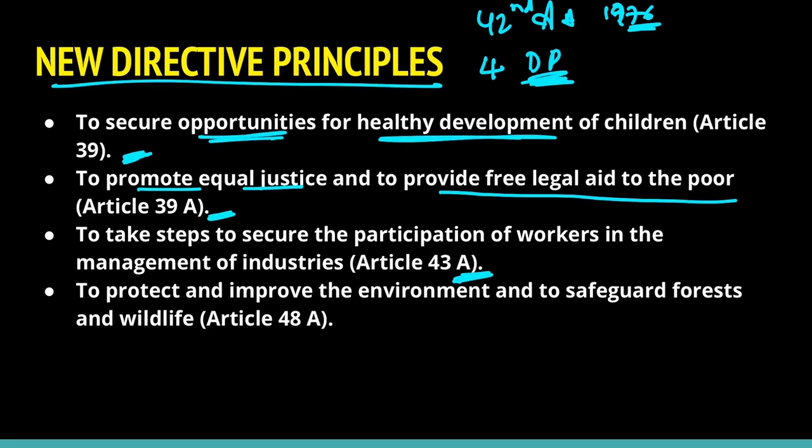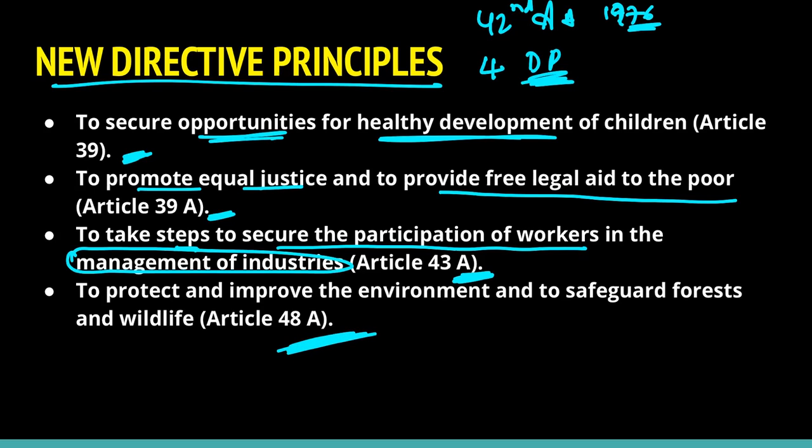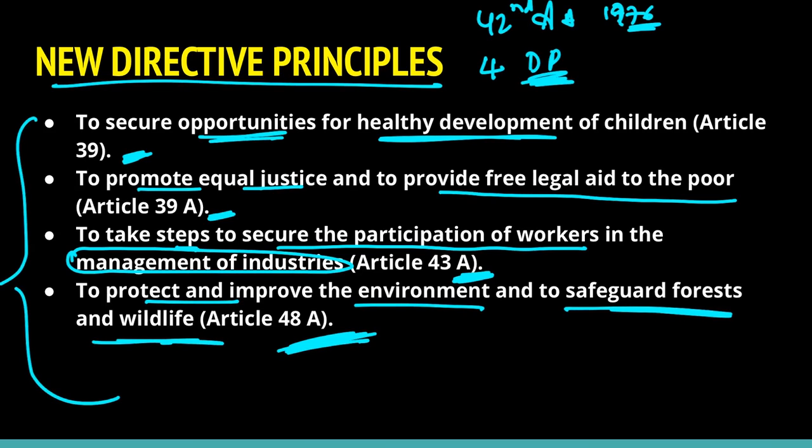In Article 43A, it takes steps to secure the participation of workers in the management of industries. And finally, Article 48A protects and improves the environment and safeguards forests and wildlife. All these additional directive principles were added to our Constitution by the 42nd Amendment Act of 1976.